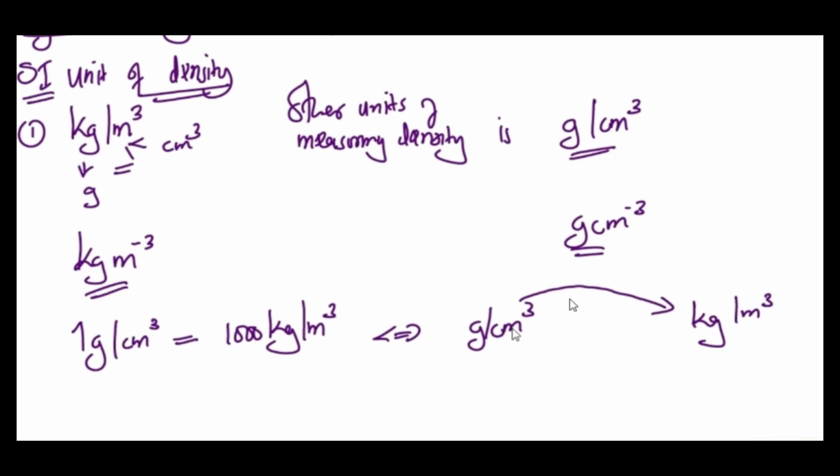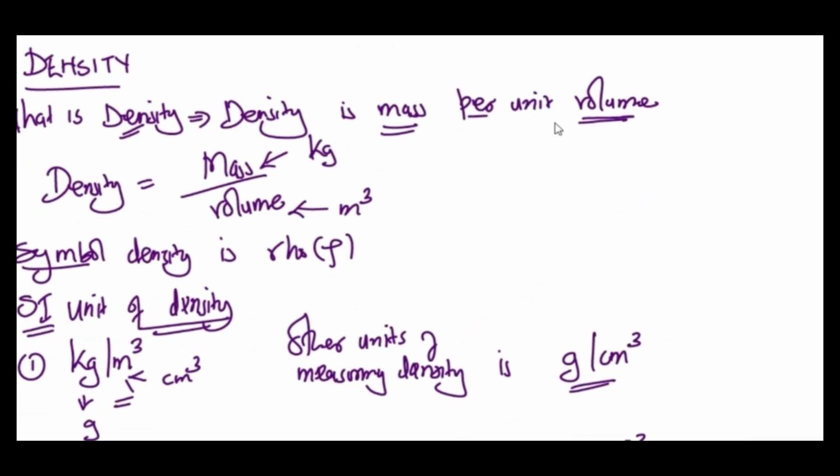If you're moving from grams per cubic centimeter, you multiply what you have by 1,000, and if you're moving from kilograms per cubic meter to grams per cubic centimeter, you divide your answer by 1,000. So those are basically what you have.